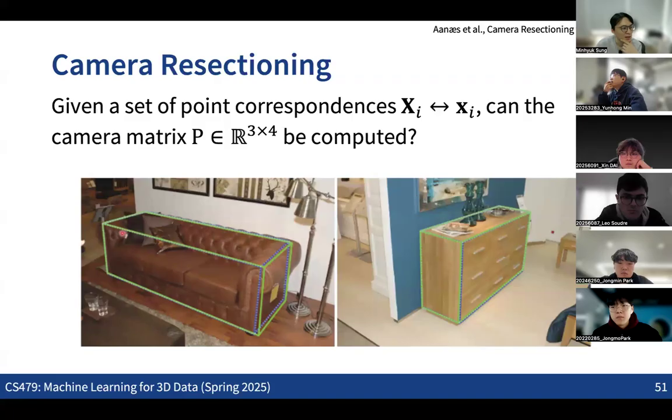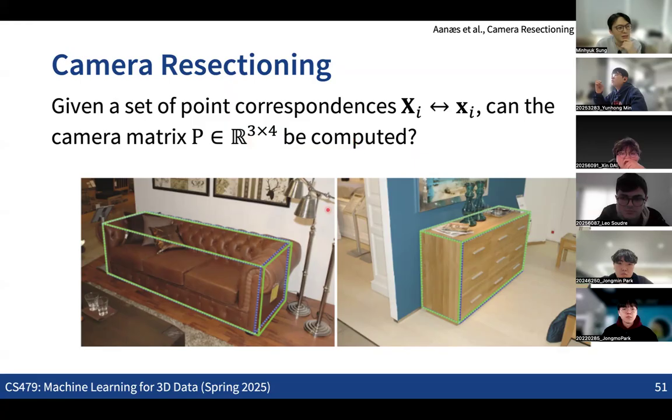Given this scene, we define a coordinate system in 3D, and we know the coordinates for some key points here, and we can also see the 2D coordinates in the image space for those same key points. So let's say we have the correspondence information for 3D to 2D. Based on that, how can we compute the camera matrix, which describes this mapping? That process is called camera calibration, and also called camera resectioning.